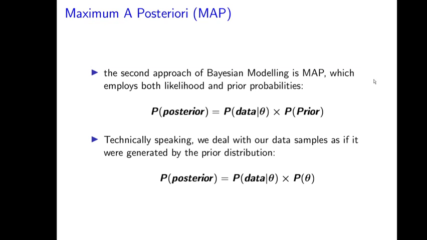And technically speaking, we deal with our data samples as if they were generated by the prior distribution, because if we understand the set of parameters theta as the set of coefficients that were used to generate our data, then the prior probability will be the marginalized theta probability over all possible values of theta.